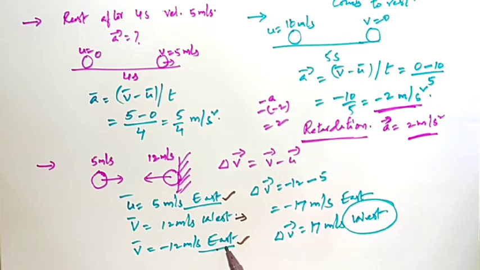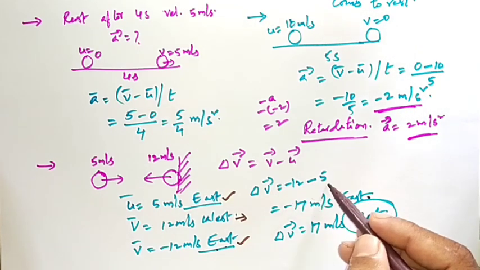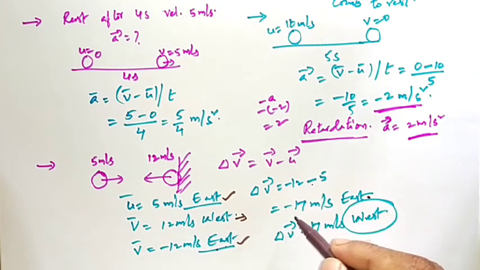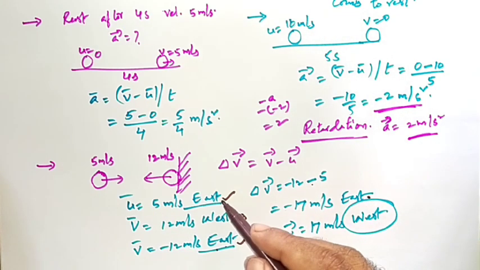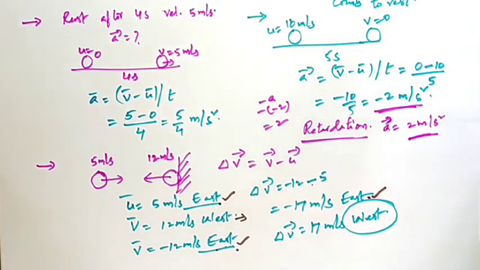Now both are in the same direction, and the resultant will also be in the same direction. So I got minus 12 minus u as 5, so minus 17 meter per second. What is the direction? It is east. So change in velocity is minus 17 meter per second east, or minus east can be written as west, so 17 meter per second west.